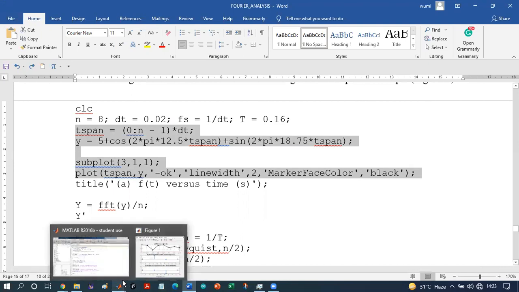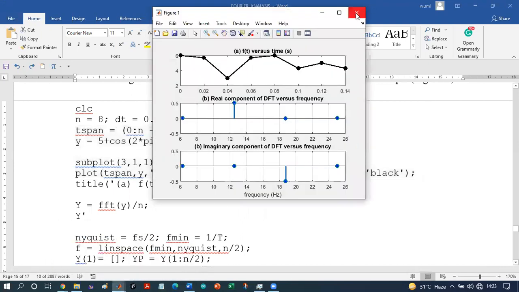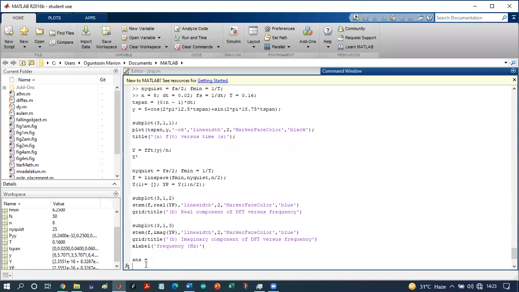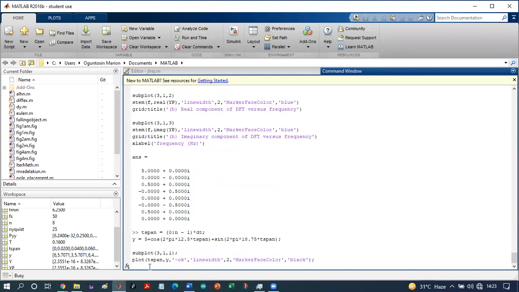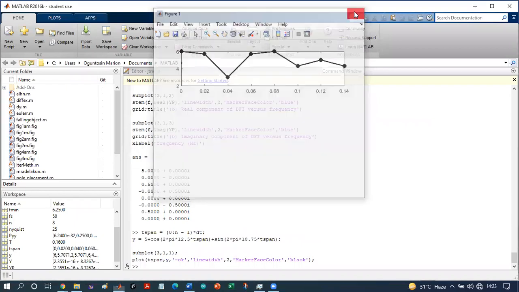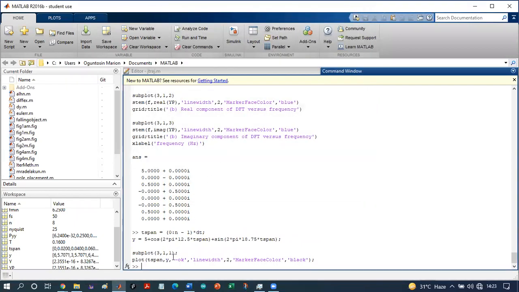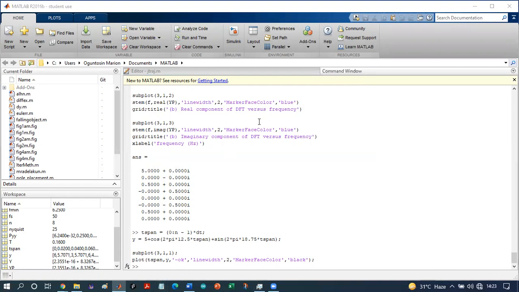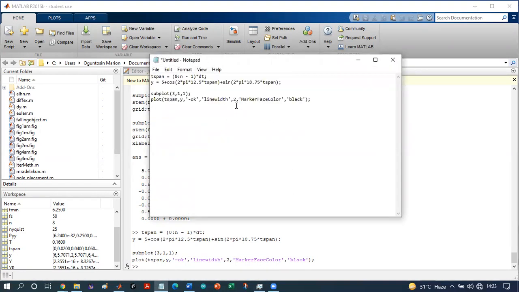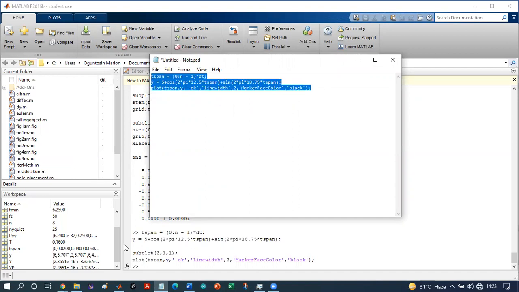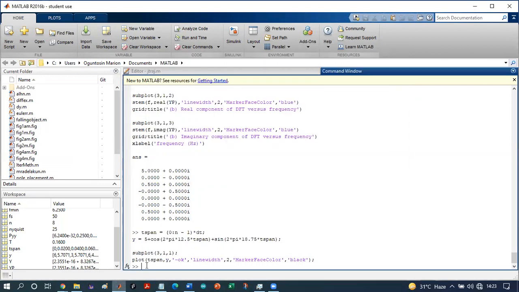So when I'm plotting it in Matlab, this is the function in the question.